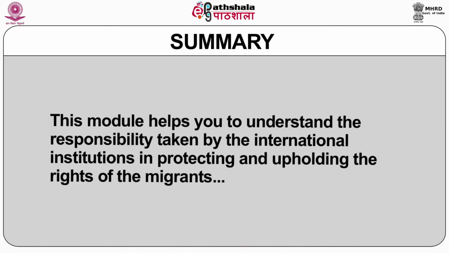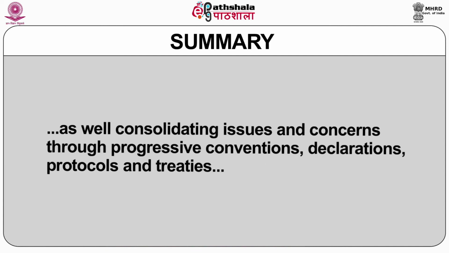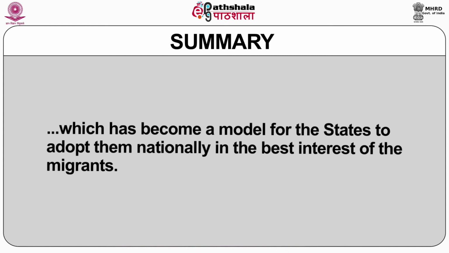This module helps you to understand the responsibility taken by the international institutions in protecting and upholding the rights of the migrants, as well as consolidating issues and concerns through progressive conventions, declarations, protocols, and treaties which have become a model for the states to adopt nationally in the best interests of the migrants.